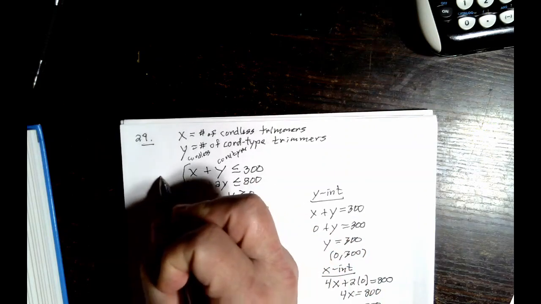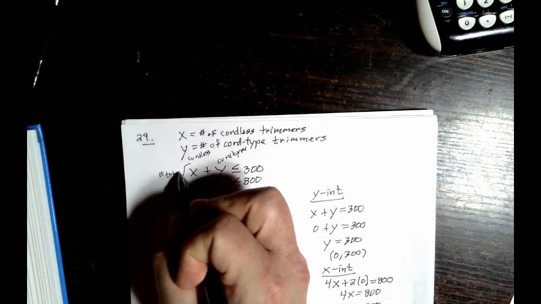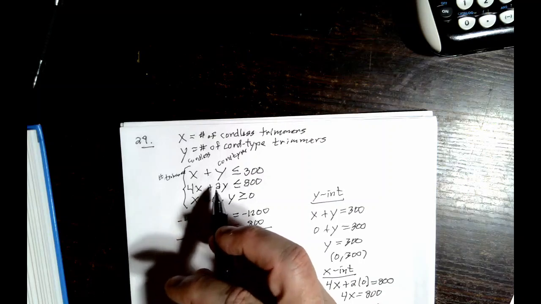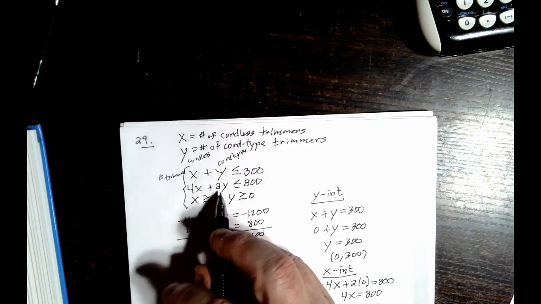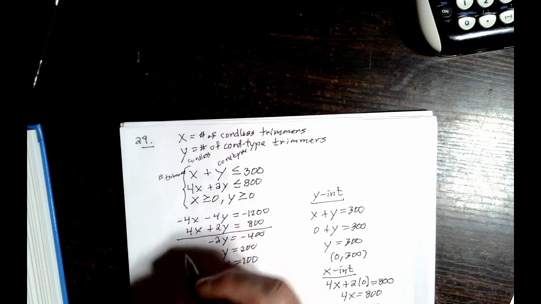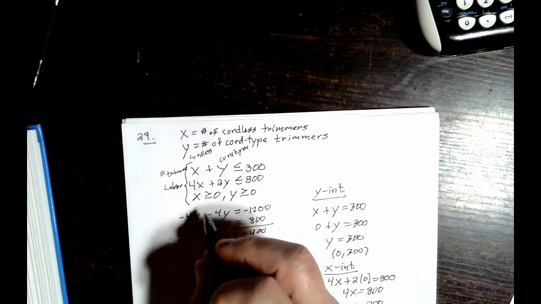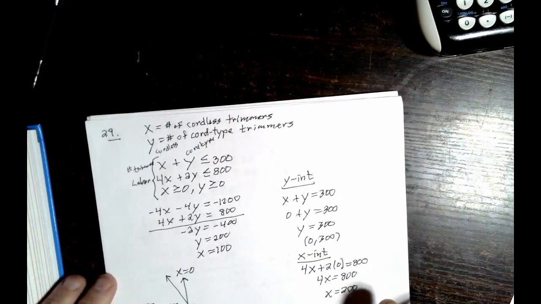That's how many trimmers you have total of both types. 4 hours for the cordless and 2 hours for the cord type is the labor, or number of hours. And then you got the last two, which are just telling you first quadrant.